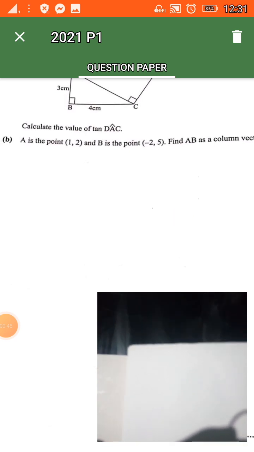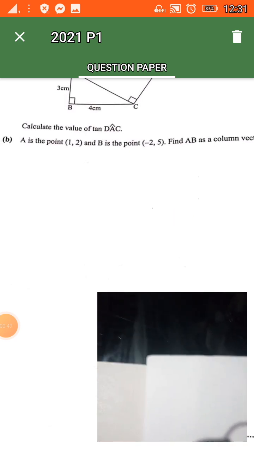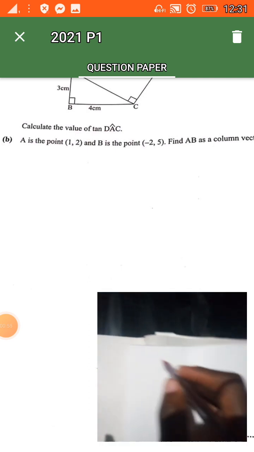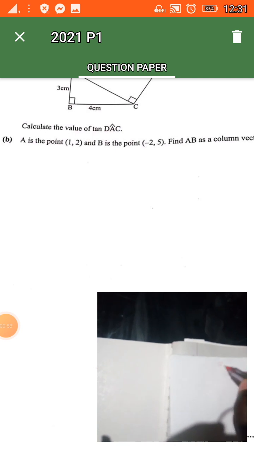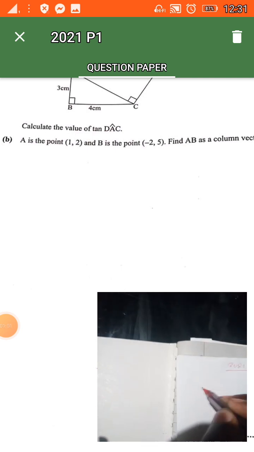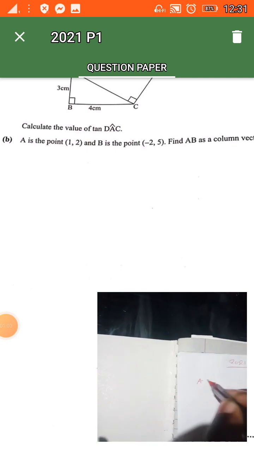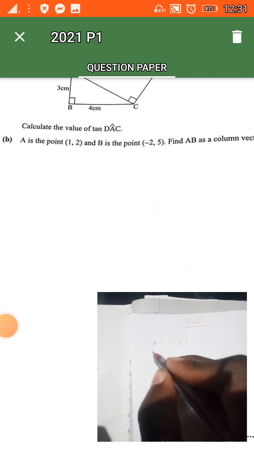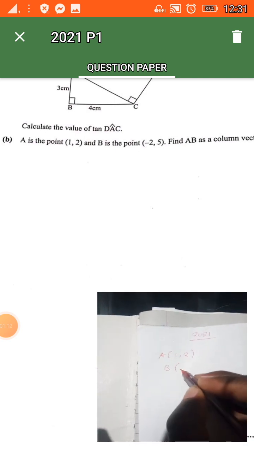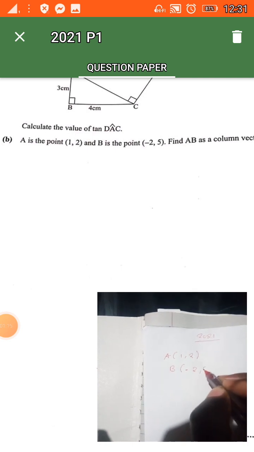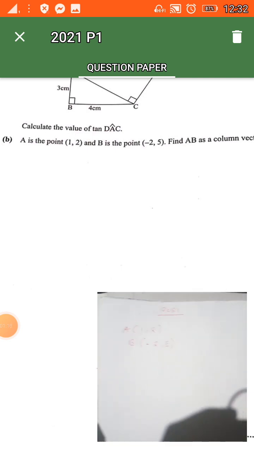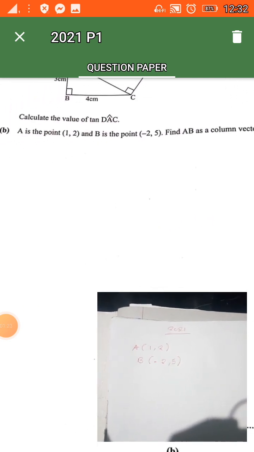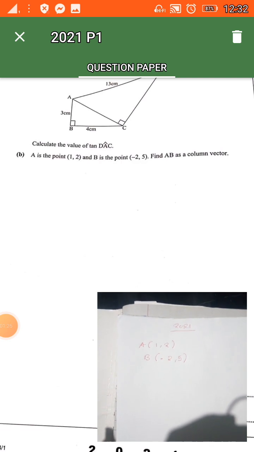Since you know the values of the coordinates A and B, we're saying A is equal to 1, 2, and B is negative 2, 5. So find AB as a column vector.